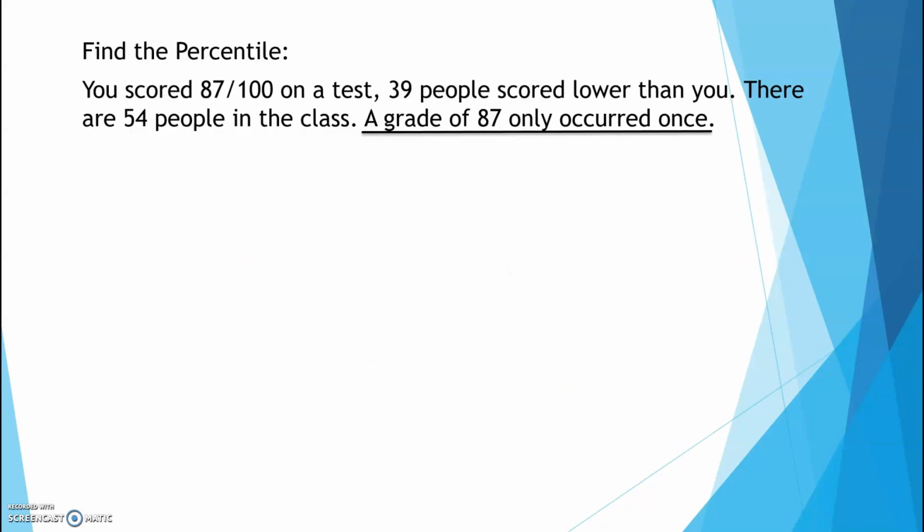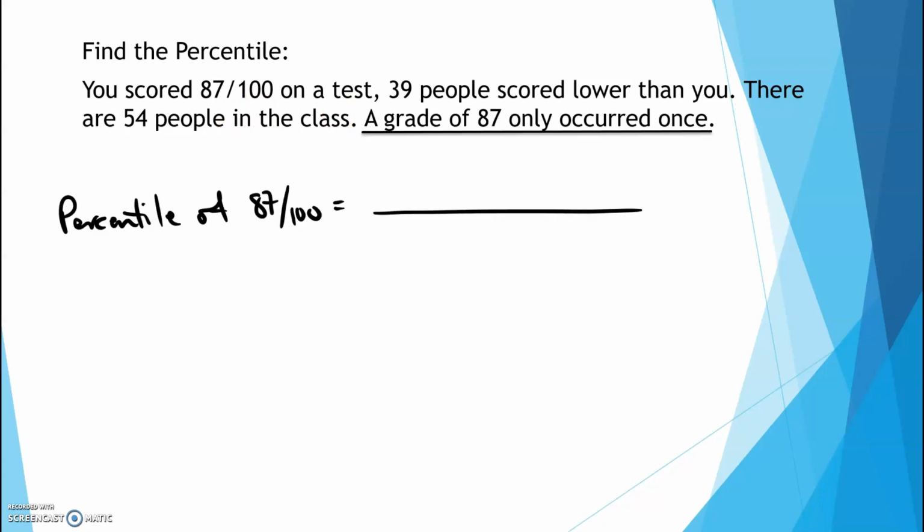So if we have this, you scored an 87 out of 100 on the test, 39 people scored lower than you, there are 54 people in the class, a grade of 87 only occurred once. Okay, so find the percentile of 87. So how many people scored lower than an 87? Well, it says 39. Okay, so 39 and then plus.